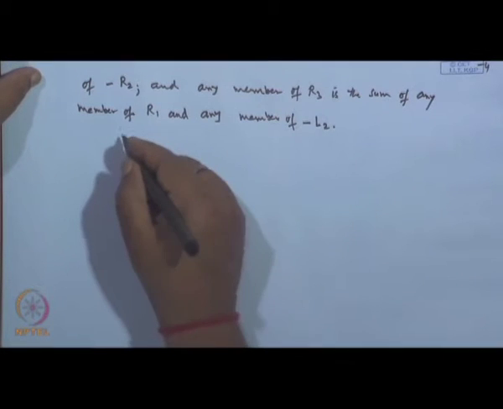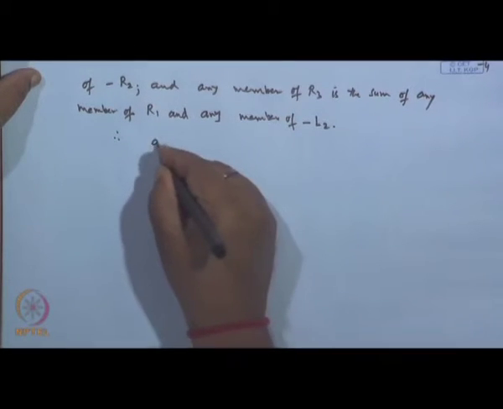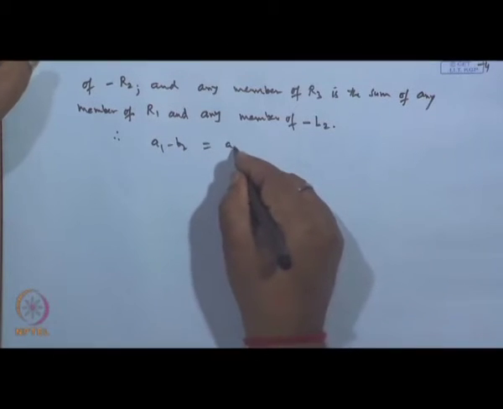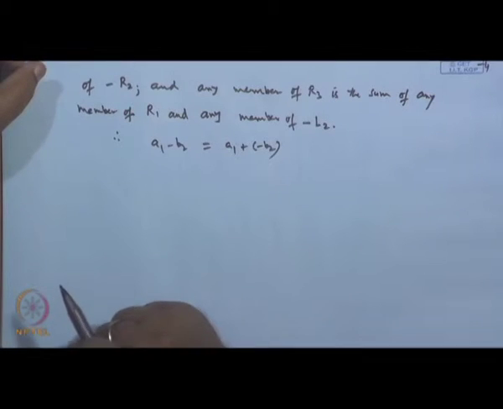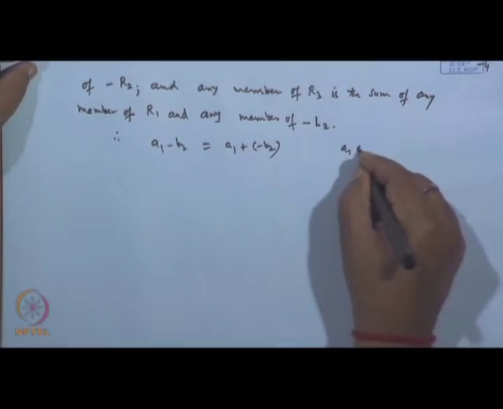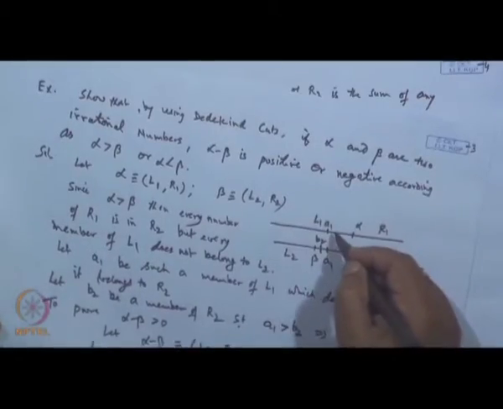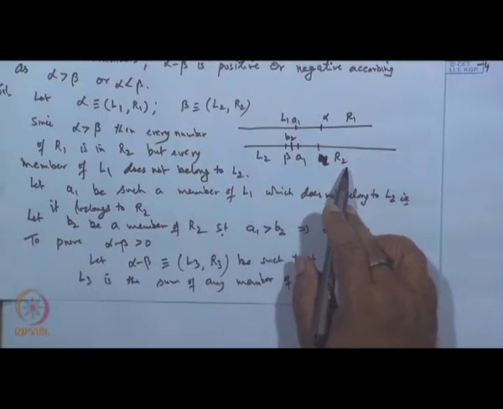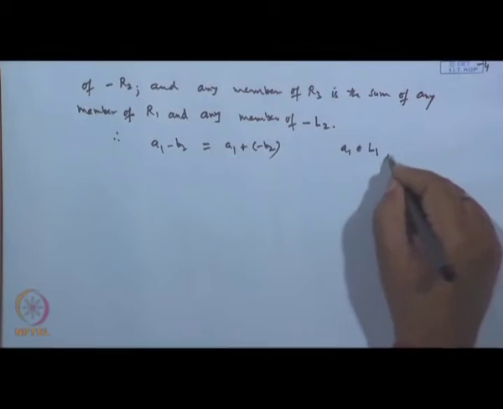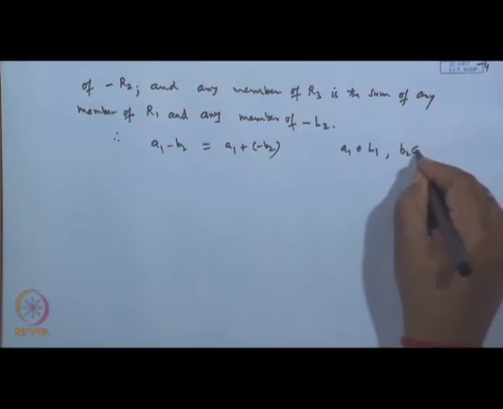So, therefore, A 1 minus B 2, what is this? Is it not the same as A 1 plus minus B 2? Now, A 1 belongs to what? A 1 belongs to L 1, B 2 is in R 2.